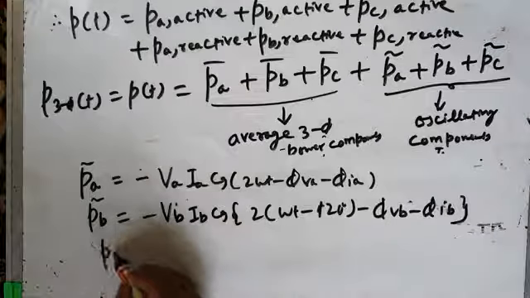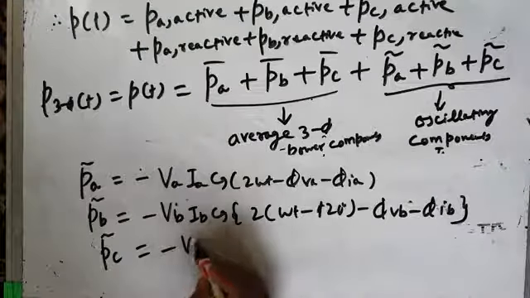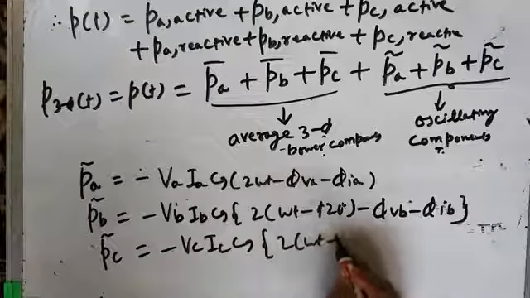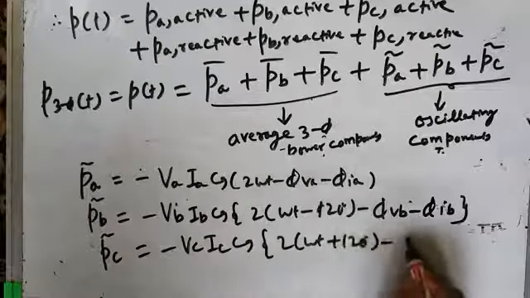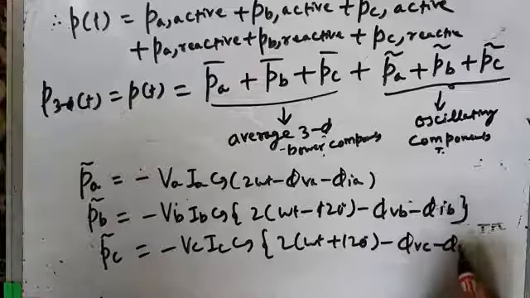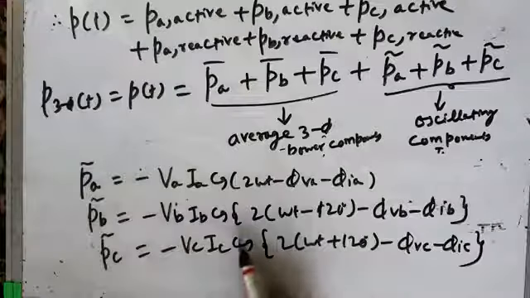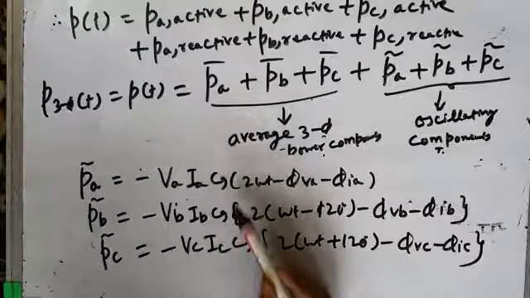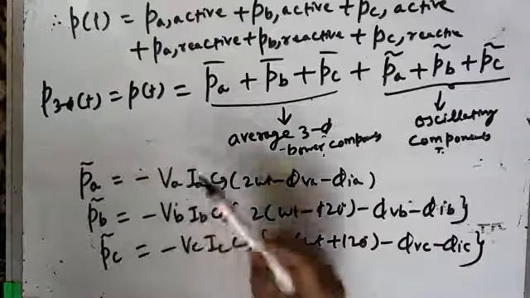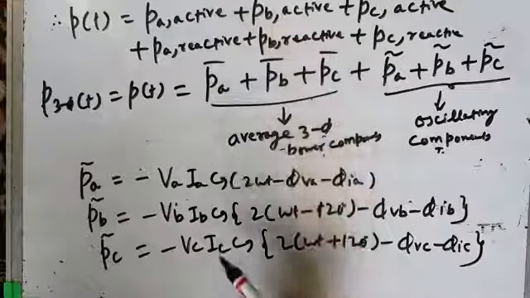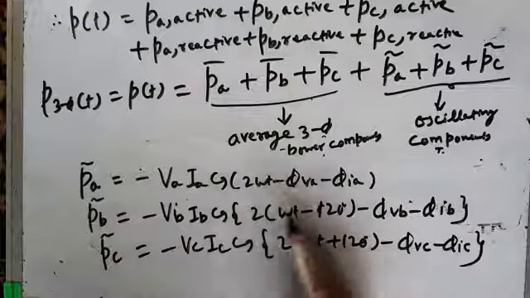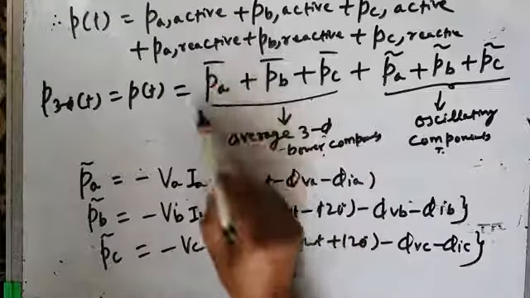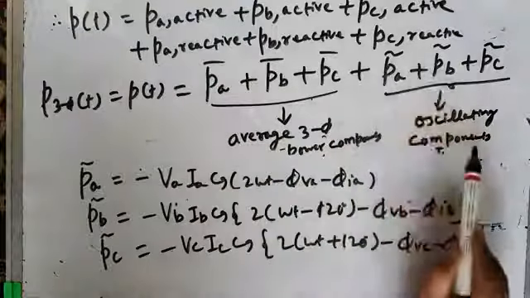And PC, the oscillating term, is minus VCIC cos of 2 omega t plus 120 degrees minus phi VC minus phi IC. It's already there. Don't wonder where I have got it from. If you go back to that equation, which just a few steps back I have derived, I have got it from there. That power equation has these terms: a constant average term and an oscillating term.